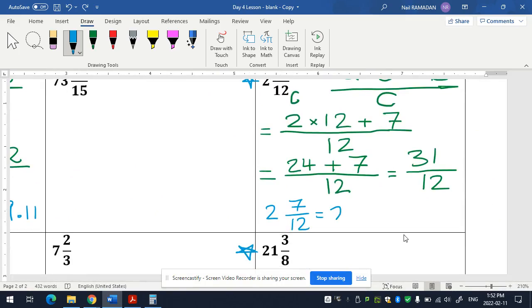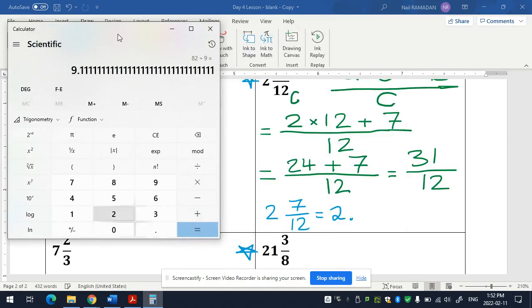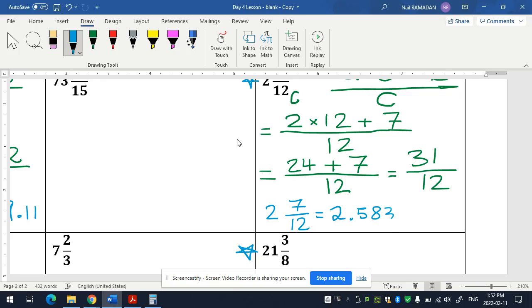So it's 2 point something. What is that point something? Well, that's 7 divided by 12. I believe that's an infinite number. Yes, it is: 5, 8, 3, 3, 3, 3 forever. I'll pick a 5 and an 8 and a 3.